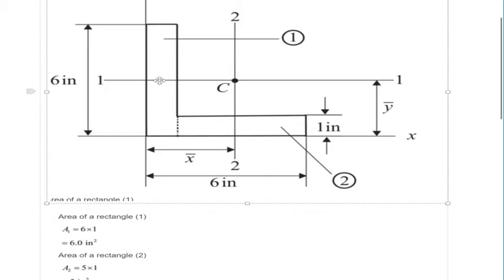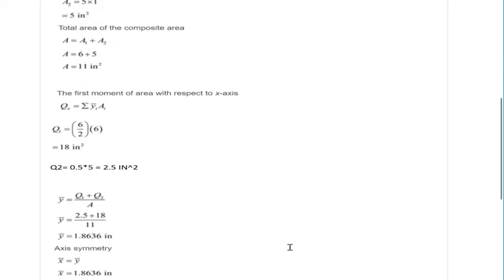The distance from the x coordinate of the centroid to the x coordinate of these would be x bar minus the x coordinate of this shape. That would be this.